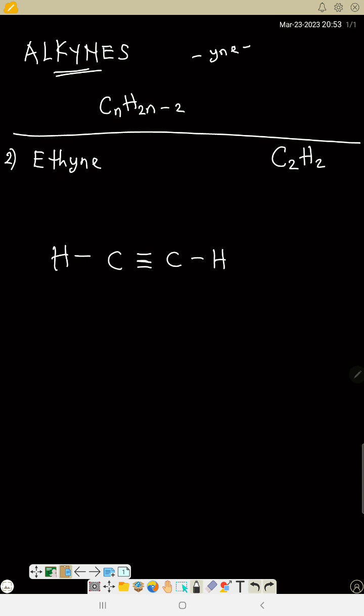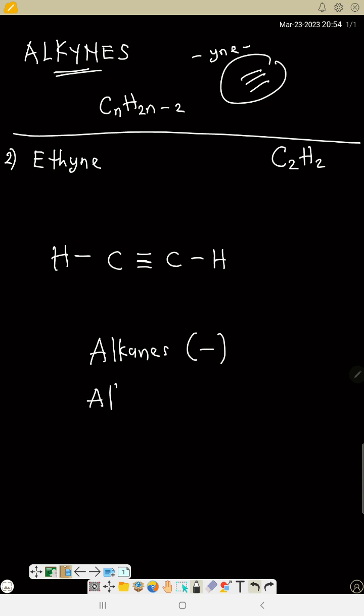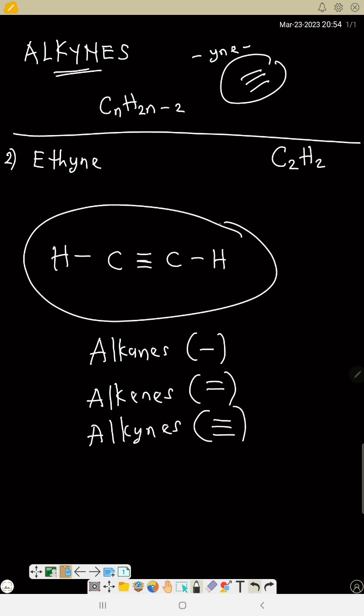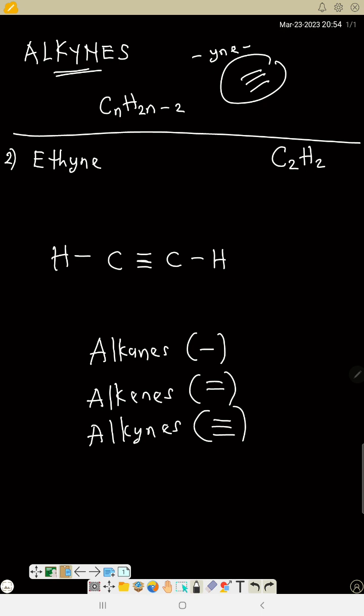That means for alkynes you have triple bonds. Remember, for alkanes you have single bonds, for alkenes you have double bonds, and for alkynes you have triple bonds, as shown here. And you know the condition for the bonds: carbon must have 4 bonds.